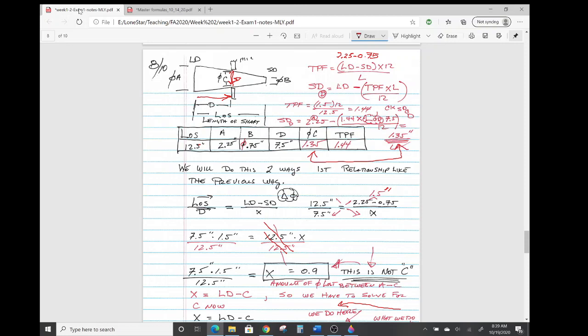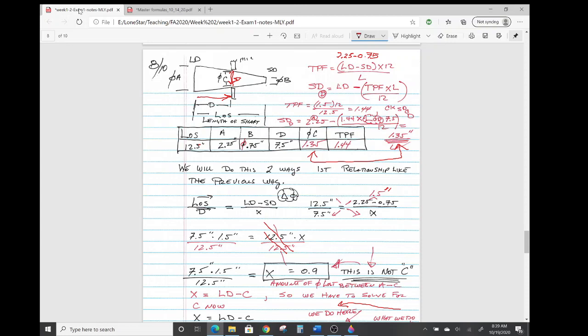Okay? All right. There's two ways to do it. So if you have taper per foot, and you can solve for taper per foot, then you can solve anywhere in here. Now, remember, we're not looking for this small diameter. We know what it is. We're looking for this new small diameter at point D. And D is at 7.5 inches from the large diameter.